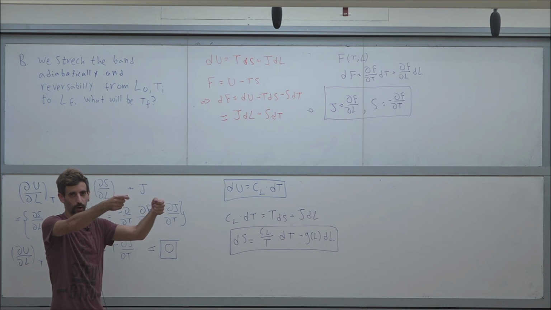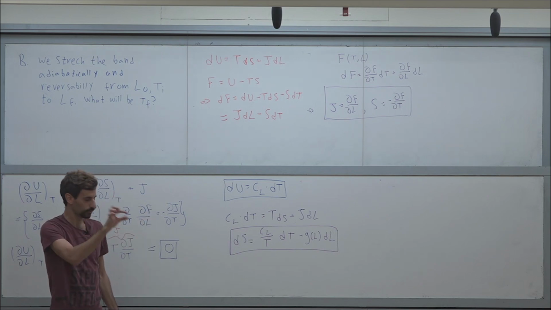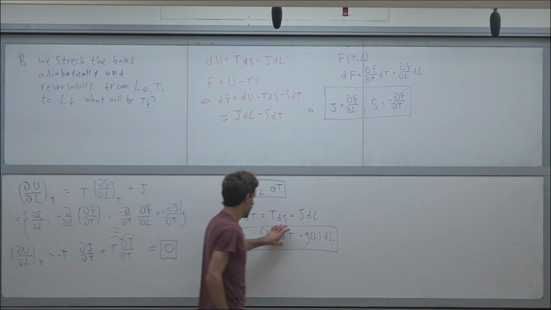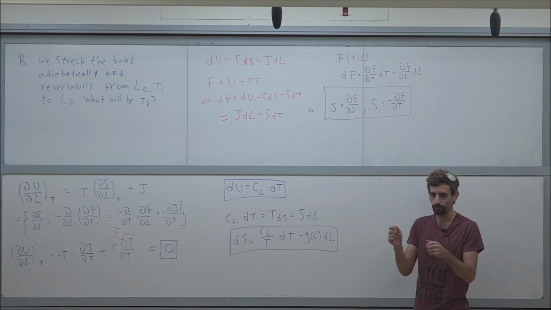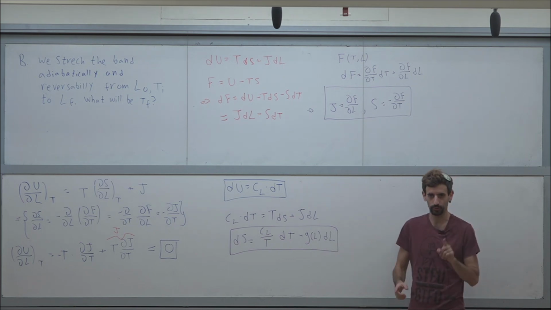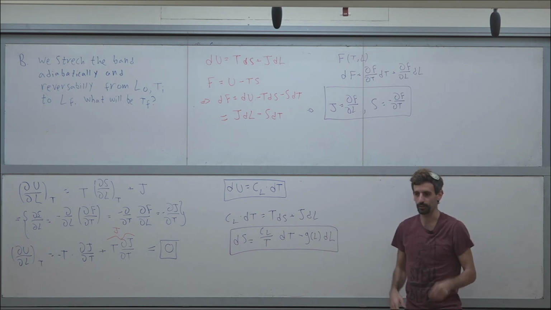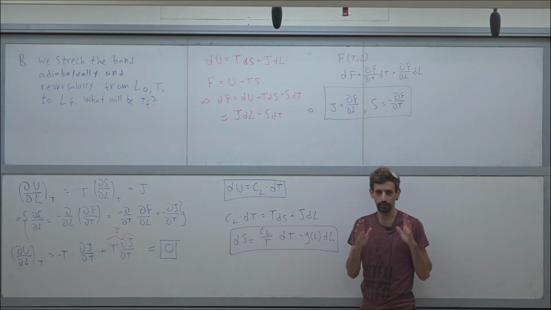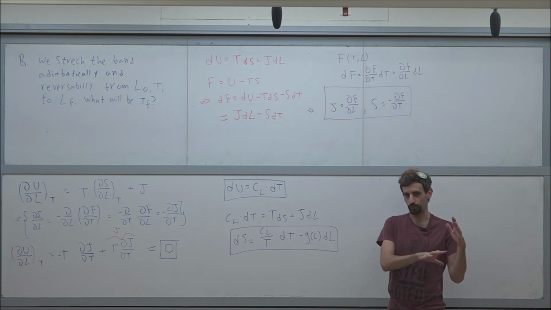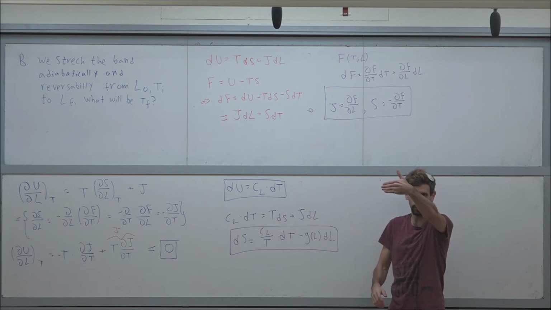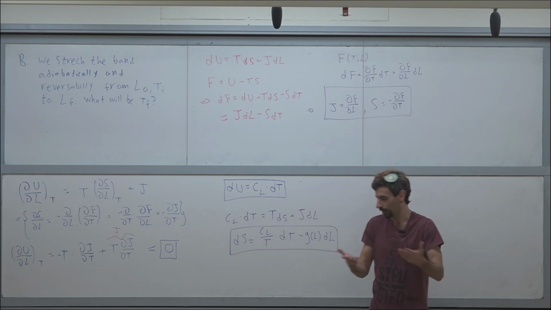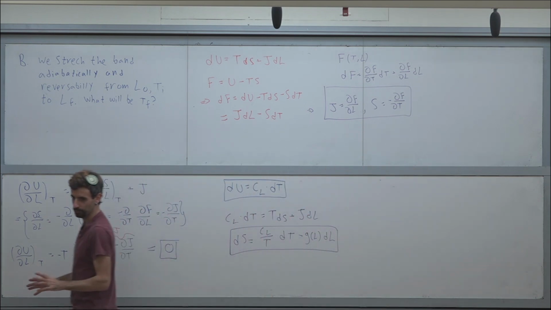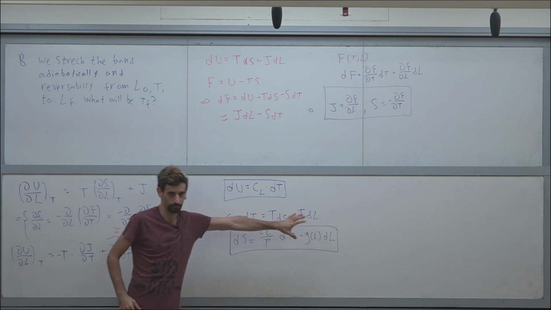So I need to integrate over all the infinitesimal steps in the middle, and because every part is only dependent on one parameter, the course that I take doesn't matter. I can go like this or like this. I can think about it as taking constant T and moving in the L direction, and then constant L and moving in the T direction, and I get to this point. I can go however I want, but I can do it independently because this is dependent only on T and this only on L.